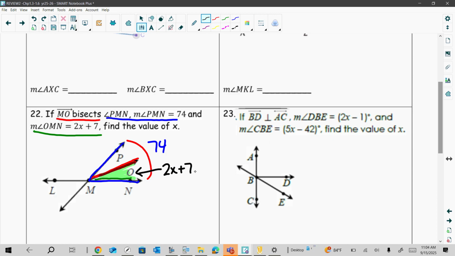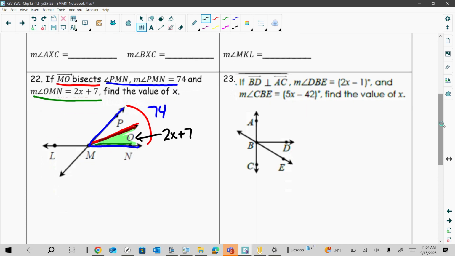Because this bisects, how did we get to 37? You're right, Ray. You'd have the 74, we get 37. So this is 37 and 37. So then I can say 2x plus 7 equals 37.